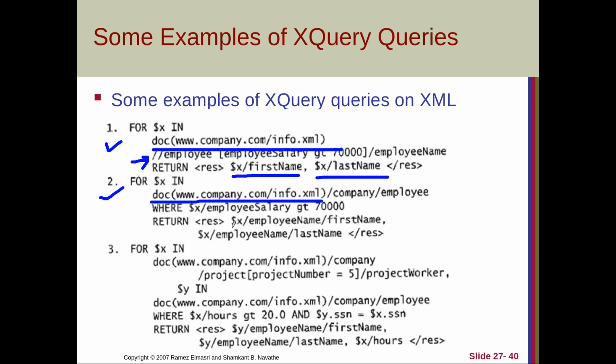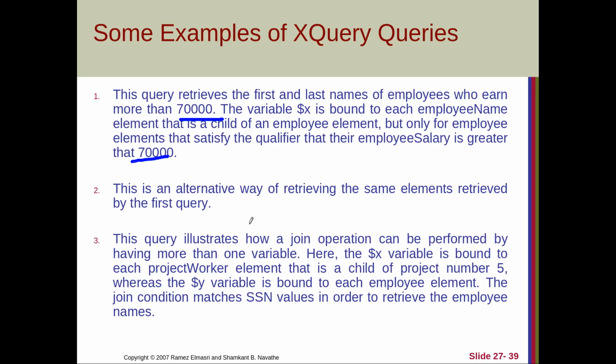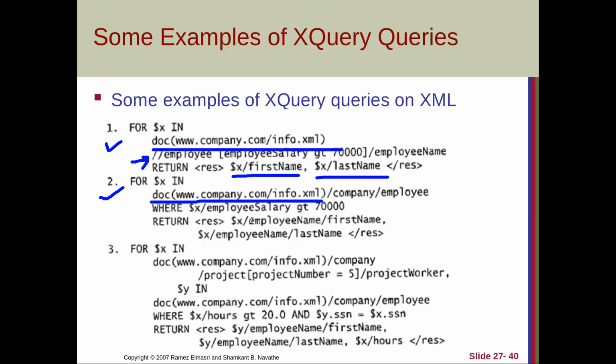Along with the condition we are using this bound variable, which returns result $h/employee name/first name, comma, $h/employee name/last name. Here also we can use the XPath format. This has the same meaning as the first query, the only difference being that the XPath uses a single slash, so we need to pass through the entire expression path.